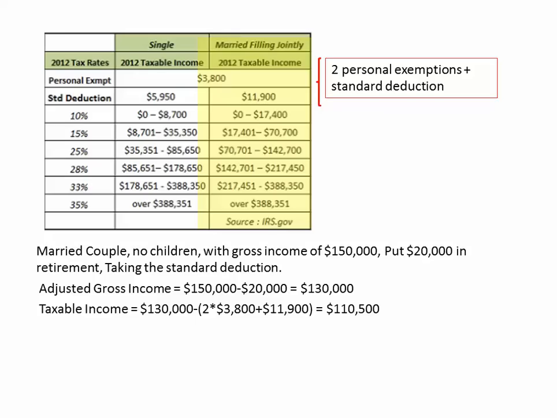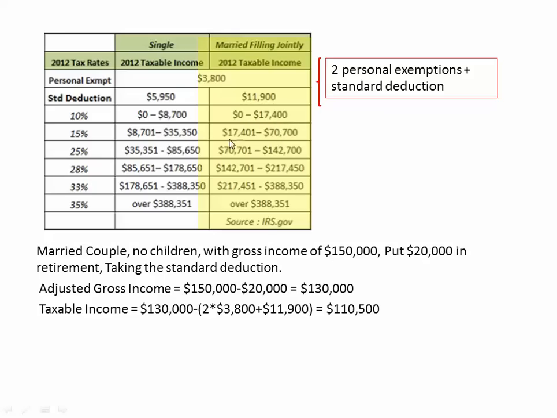This $110,500 is not going to be charged at exactly the 25% tax rate, even though their income falls into the third bracket of this marginal tax rate. What we actually do is divvy up that 110,500. The first 17,400 of it is taxed at 10%.